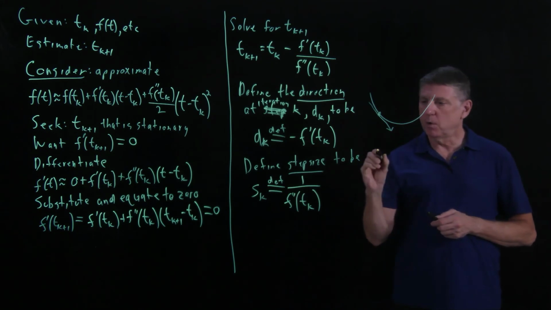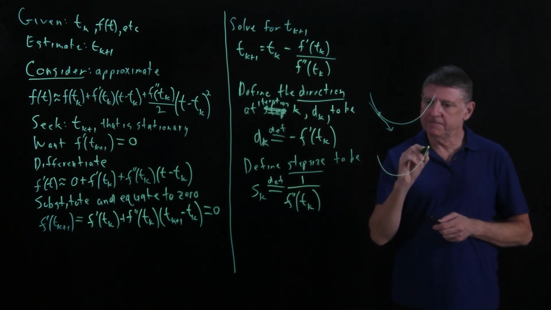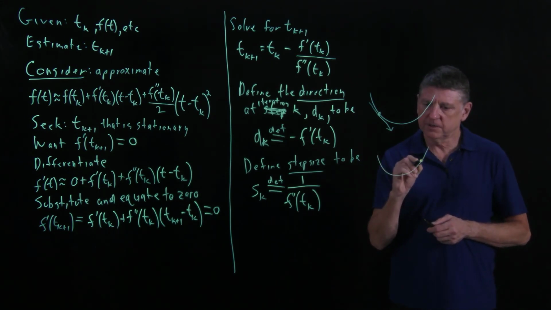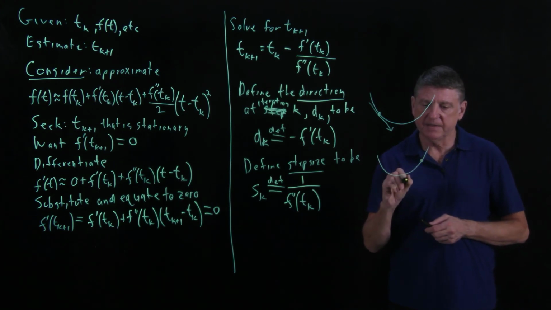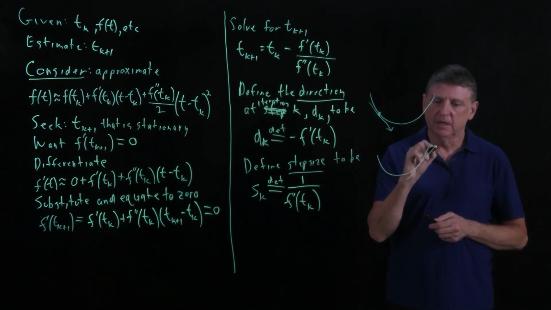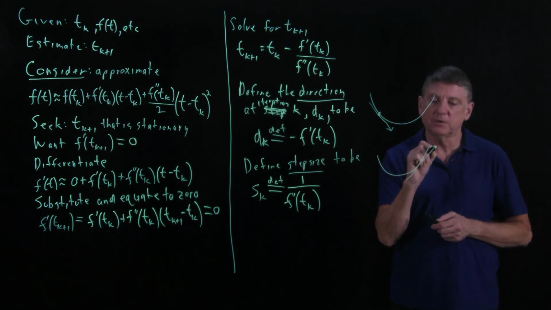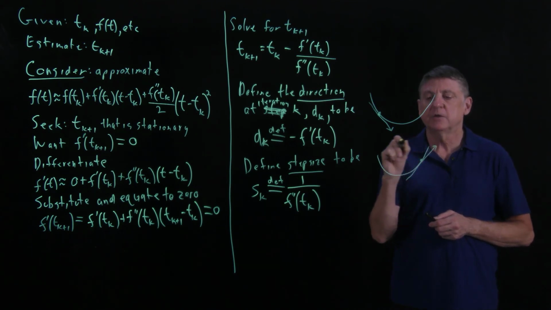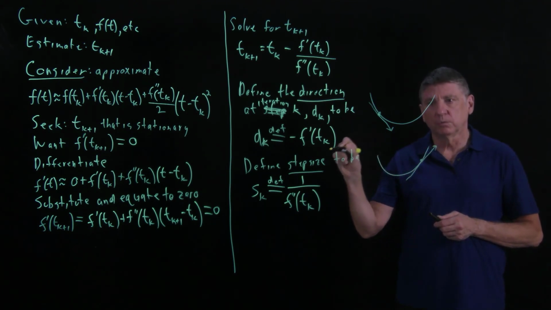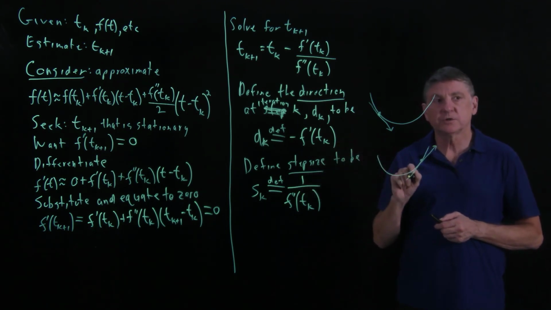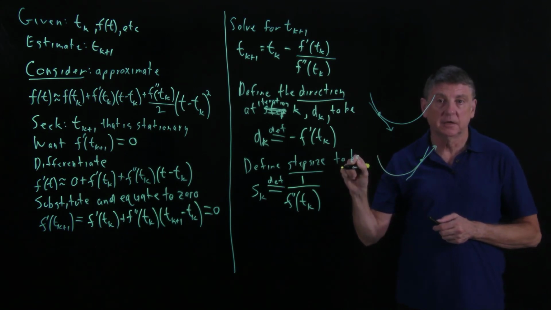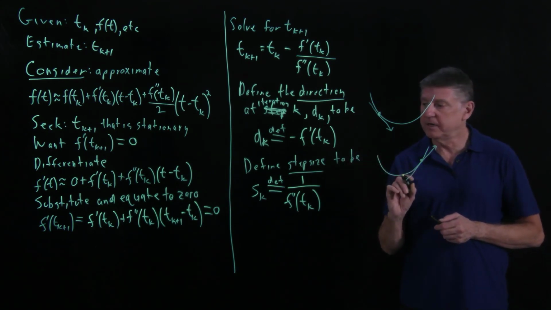And likewise, if the function looks like this, and this is our current estimate, then the derivative is positive. And if the derivative of the function is positive, that implies that we want to search to the left of it, so we want to search in a negative direction. So that is what's going on here.